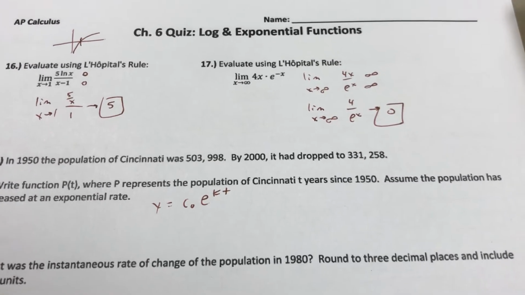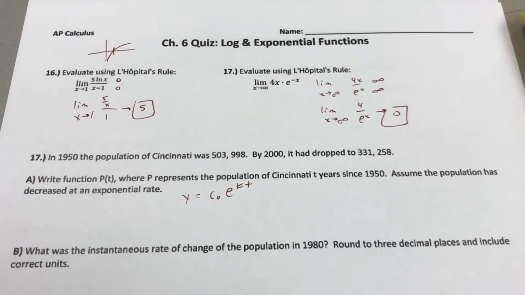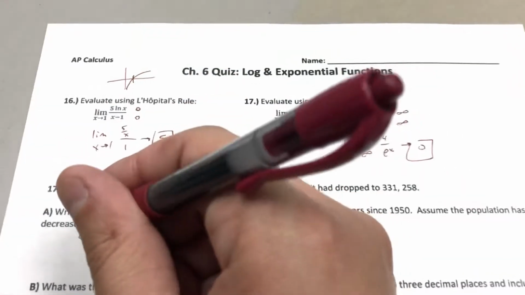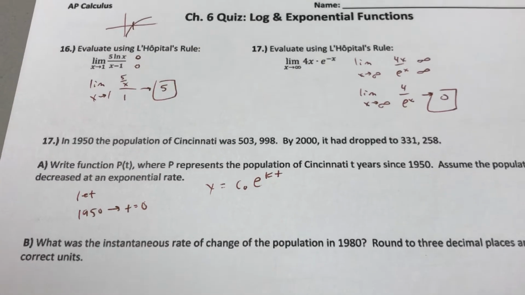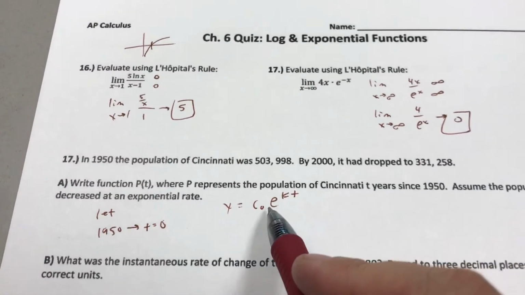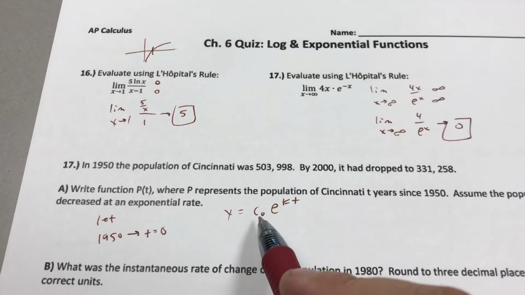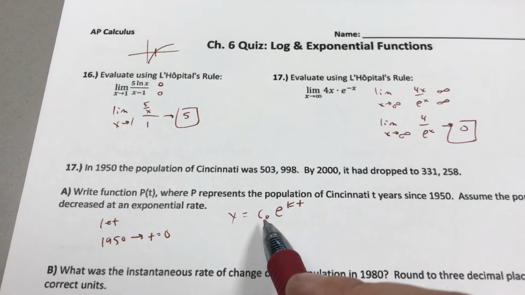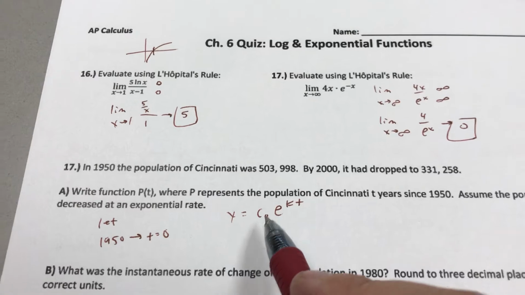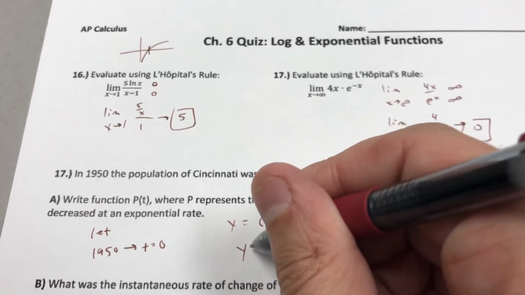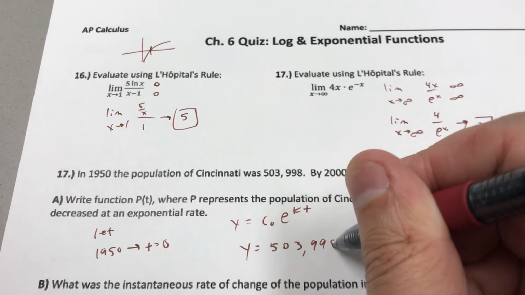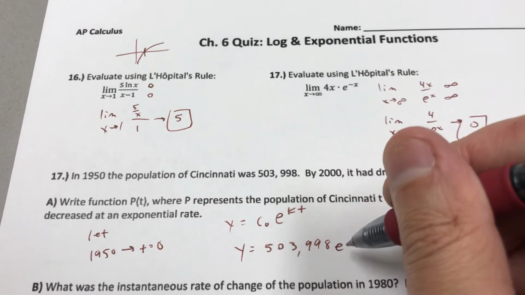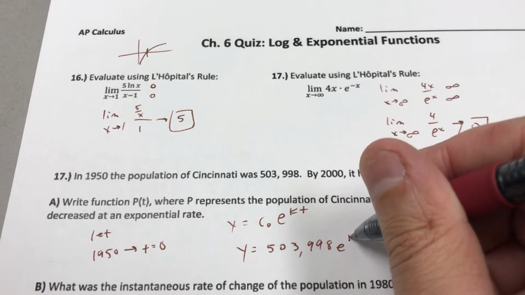So I would probably let 1950 be t equals 0, and we can do years since 1950. That allows us to use 503,000 as the initial value. So that would be y equals 503,998 e to the kt.